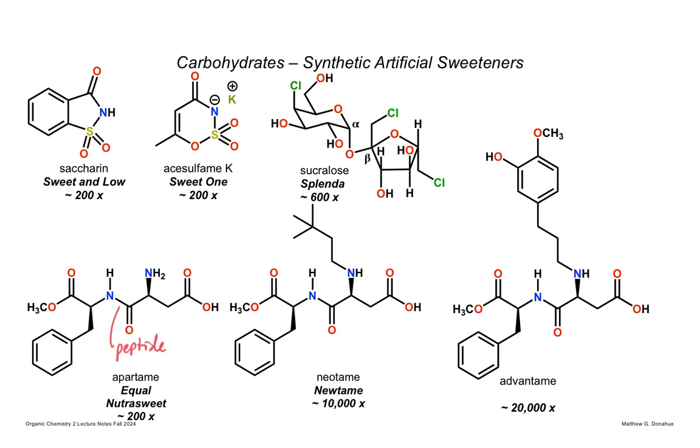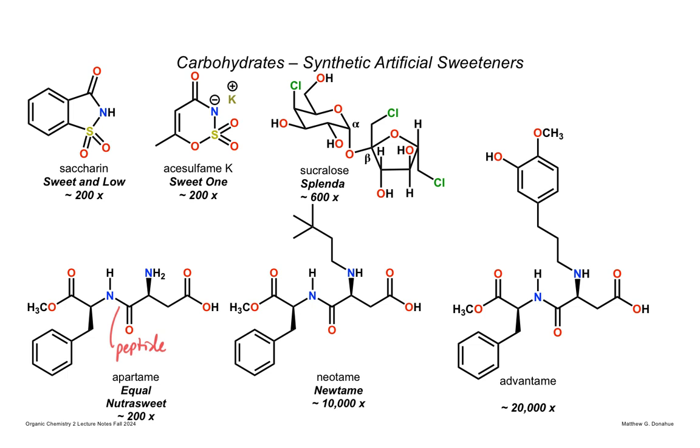Since there are 2 amino acids, we would say that's a dipeptide. And what's interesting to think about is that these different classes of molecules, peptides and carbohydrates, can still elicit the sweetness perception.